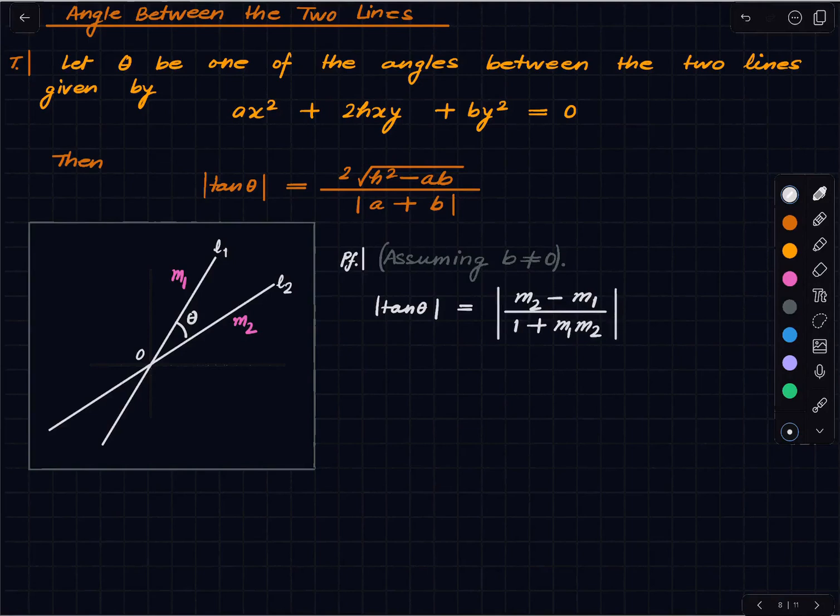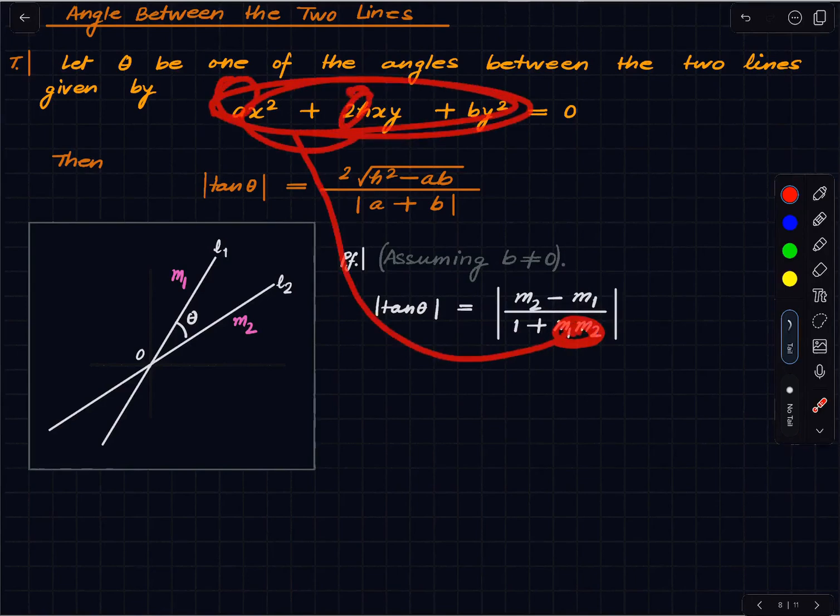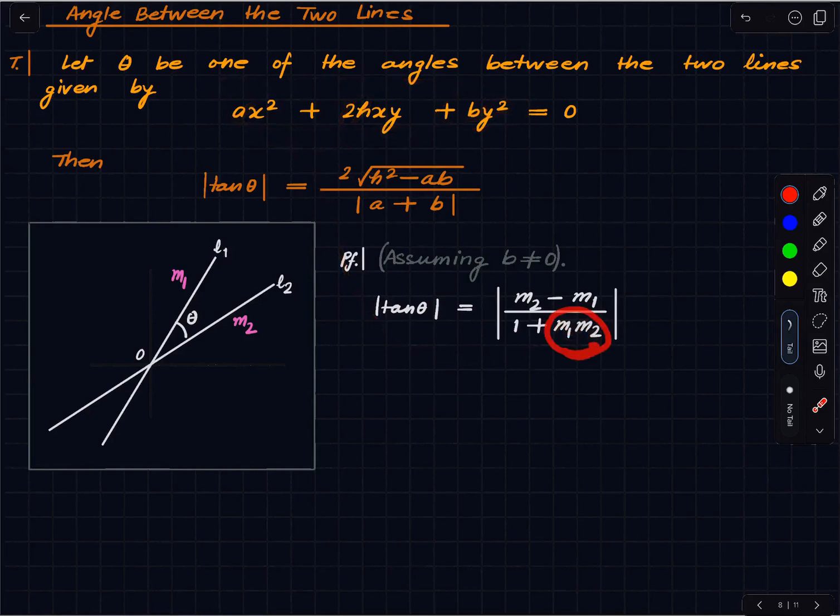Right? This is from the very early lectures. So we can write the expression for the product of m1 and m2 in terms of these coefficients, because this is the product of slopes, but we don't know anything about this one. We know an expression for the sum of slopes, not the difference. But then there is this simple trick. We square both the sides.